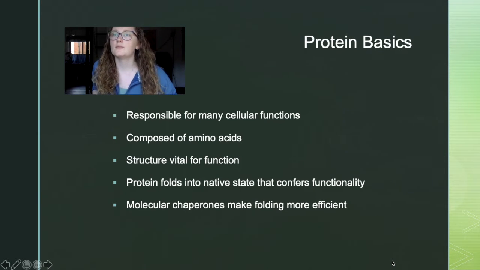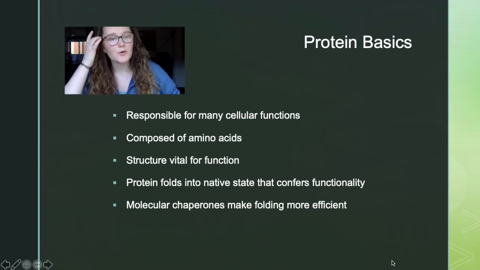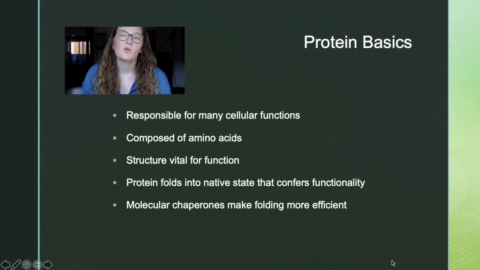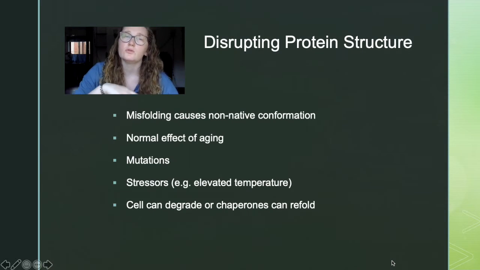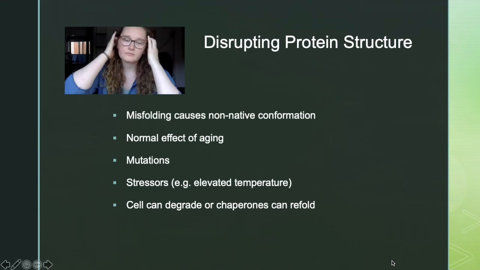It's in the structure and the form that it needs to be in order to function. Now, sometimes proteins need a little bit of help to fold efficiently and to fold properly, and that's where these proteins called molecular chaperones come in, and these are just proteins that exist in cells to help our proteins fold into that native state.